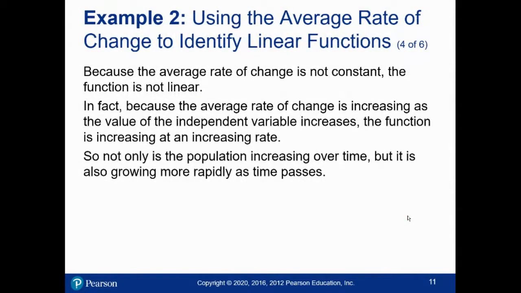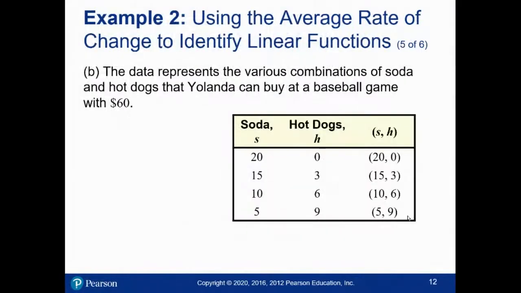So not only is the population increasing, the rate at which the population is increasing is itself increasing. The population's getting bigger, but how much it's getting bigger is also getting bigger. Now we're talking not just about how things are changing, but how the way things are changing is changing. And that's really setting up what calculus is well-suited to discuss.